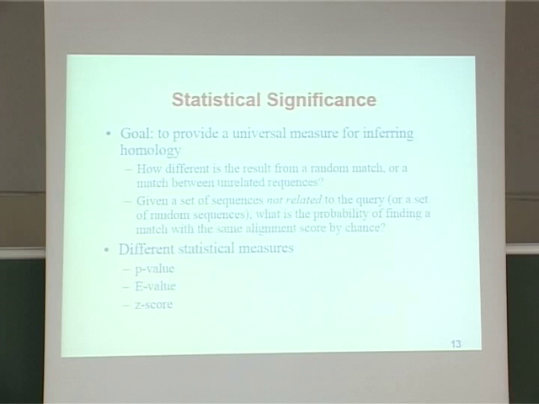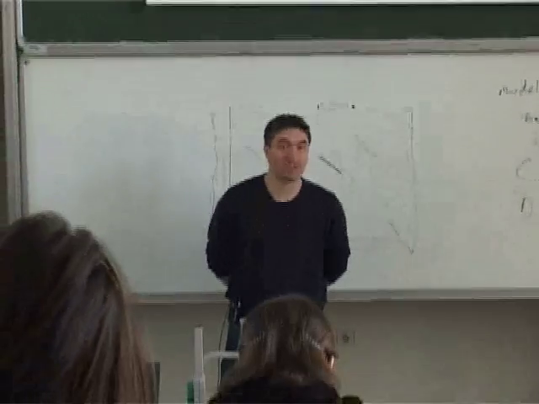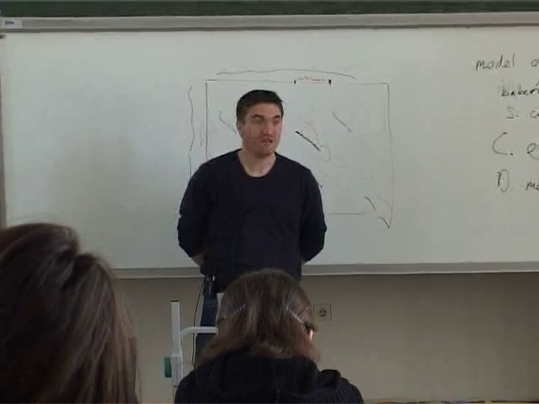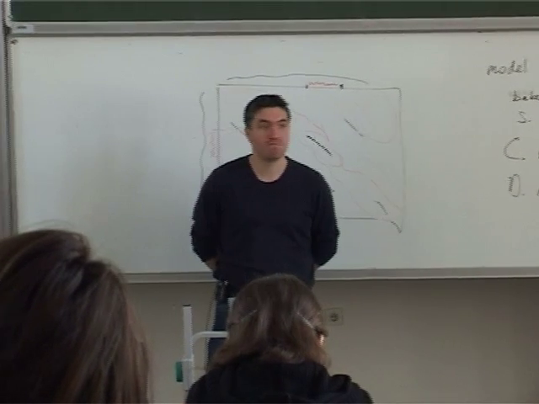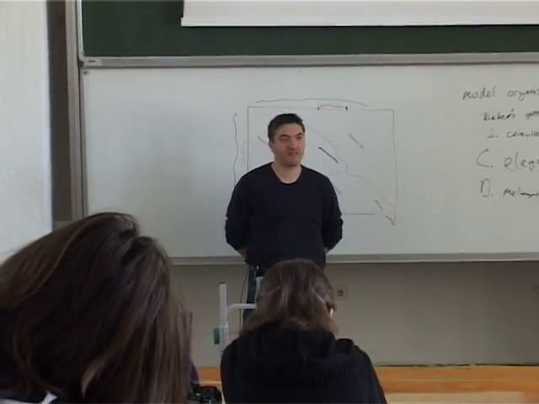This probability is different from the e-value. This probability is called the p-value. It's a probability between 0 and 1. If that probability is, for example, 0.7, it's very bad. With just 0.7 probability, you could have gotten the same score or a better score from a set of completely unrelated sequences.